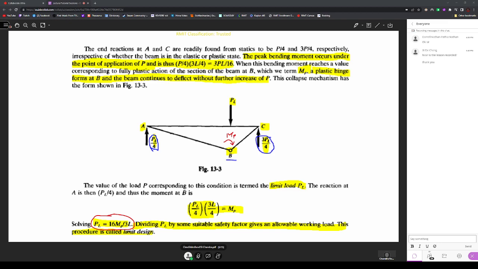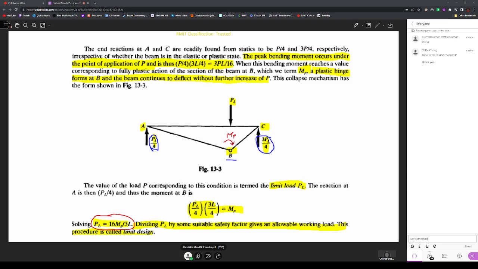So now to calculate the plastic moment MP, you can see that the load PL by 4 into the perpendicular distance where the plastic moment is acting. So you can write the plastic moment at B, the plastic hinge, when the load is PL. You can write PL by 4 into 3L over 4.